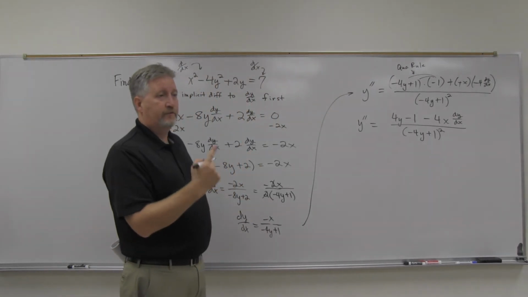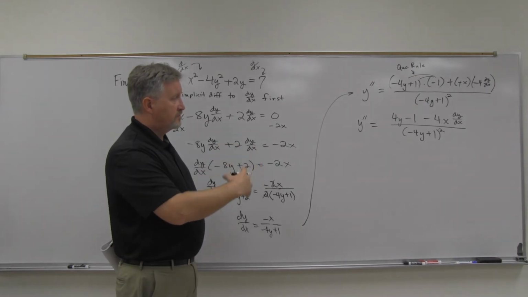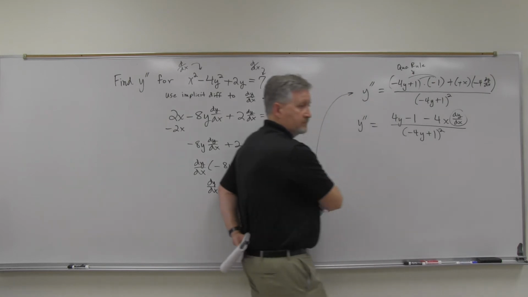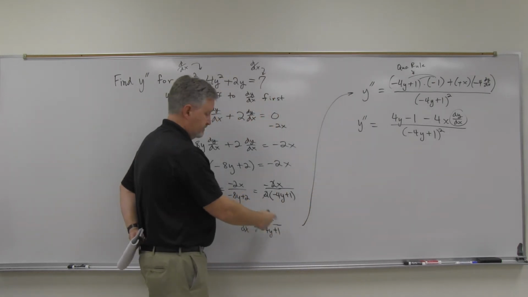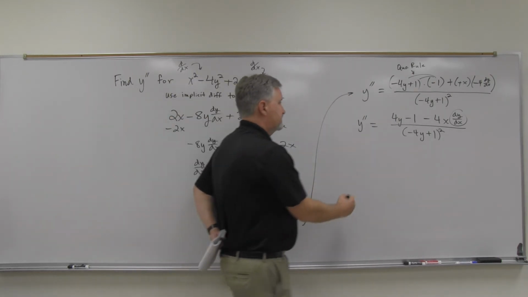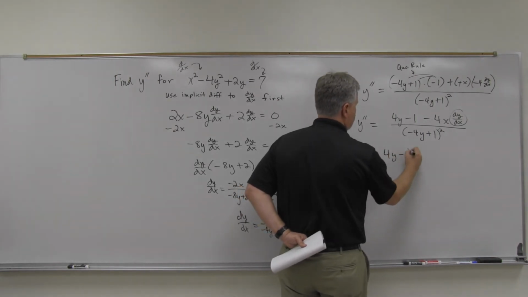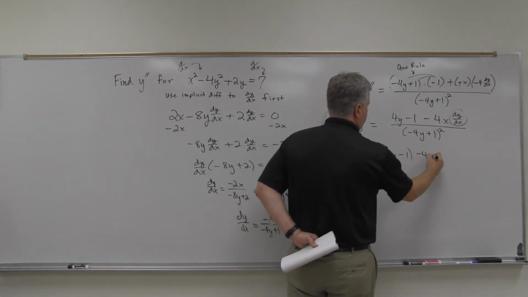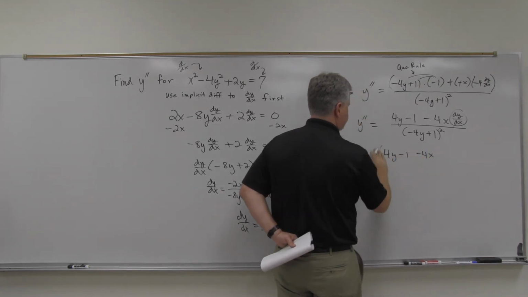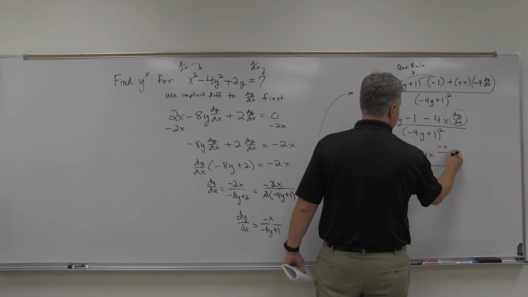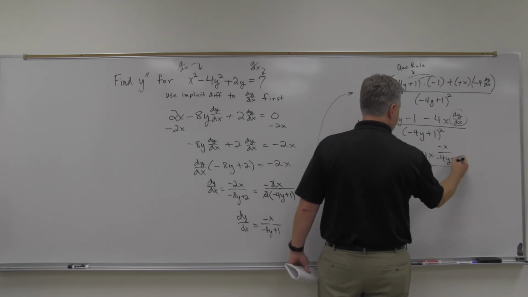So there's a couple of things we could do here. One thing we could do, if we wanted it only in terms of x's and y's, well, we could just go ahead and resubstitute back here in what dy over dx is. 4y minus 1 minus 4x, times negative x over negative 4y plus 1.